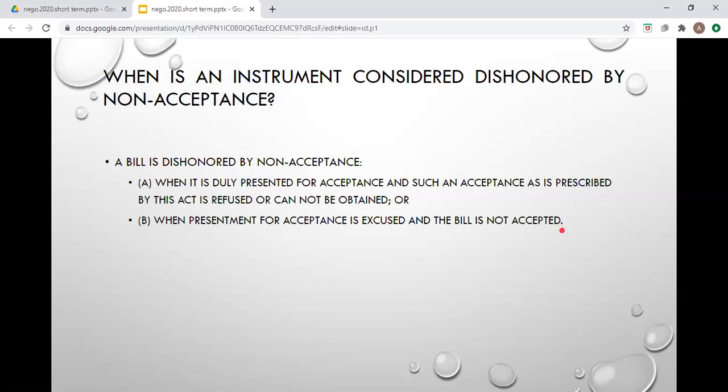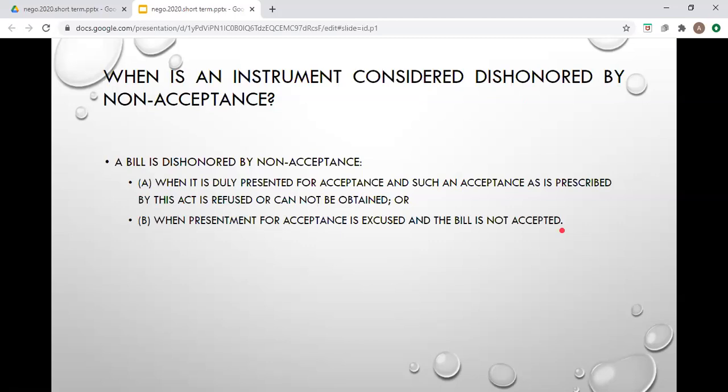So what did you do? You know for a fact that the drawee is dead. So instead of immediately considering the instrument, the presentment for acceptance is excused, you went to the personal representative of that deceased drawee and presented to the personal representative of the deceased drawee. Ano ang ginawa ni personal representative?